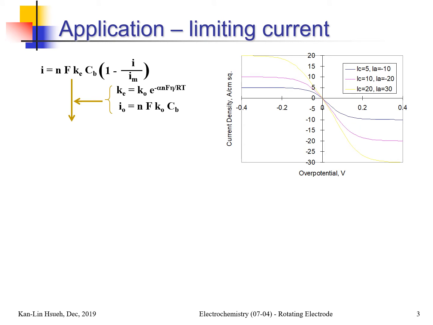If you put K as a kinetic current, like a Tafel plot over here, this eta is the overpotential, and the exchange current density is nFK0CB. If you substitute those two in here, you may end up with I equal to I0 and this equation.